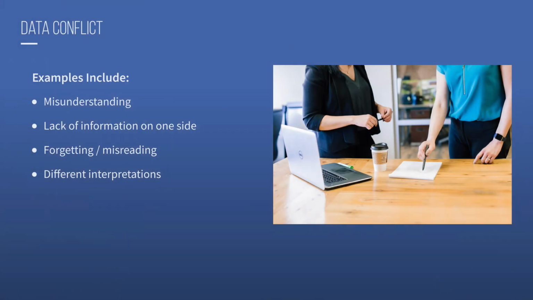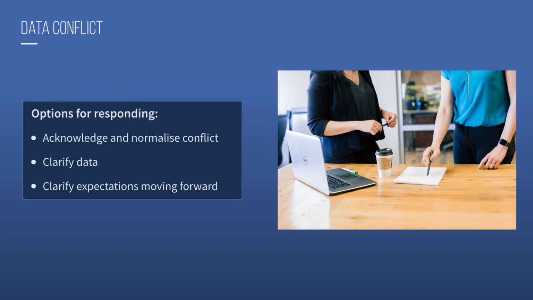It's possible, though, that there is a genuine misinterpretation or there's just an ambiguous clause in an email or a contract. And so there are different interpretations possible. The point here is that the conflict is being caused by different data or working from different perspectives on the data. So the first step then needs to be clarify the data.